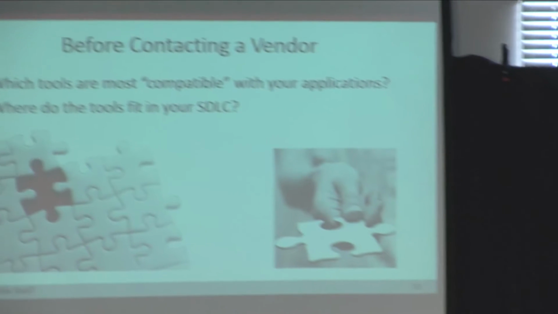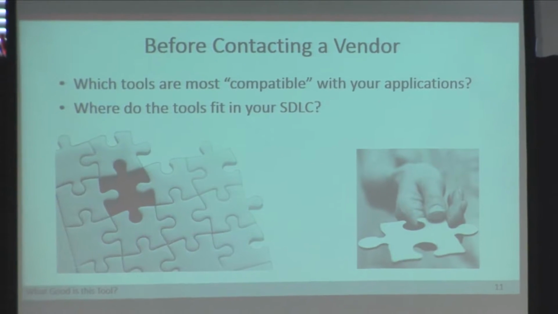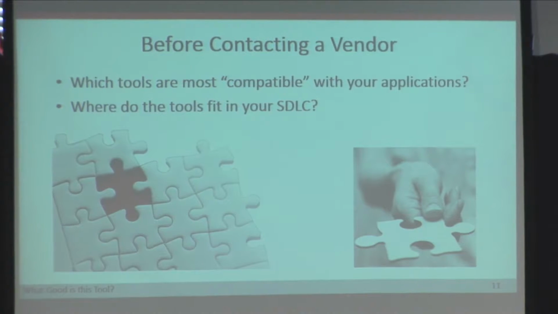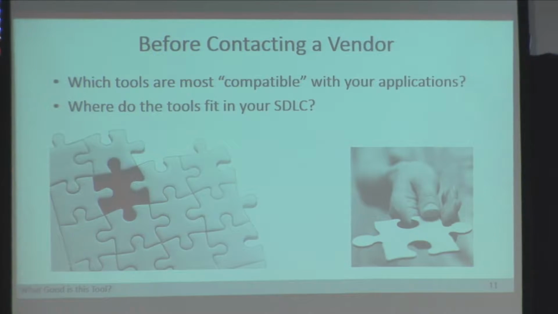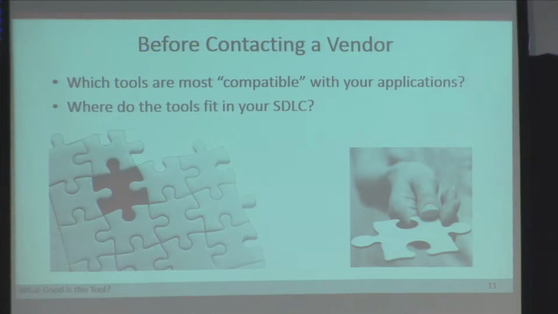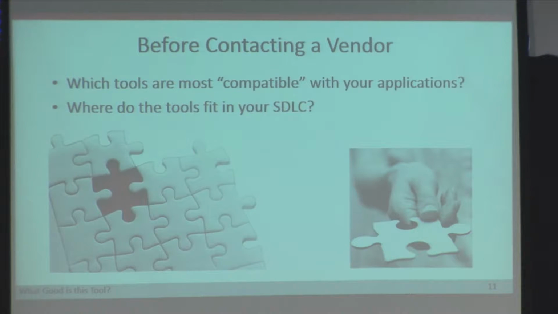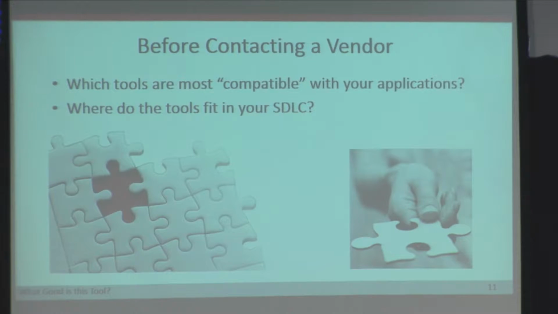But before contacting a vendor, consider which tools are most compatible with your applications. The reason I put this here is because a lot of the organizations we go to already have a tool in mind, and the tool is really based on the vendor. The person making the decisions looks at their existing tool set and says, hey, we already have all of these applications from this big vendor, and they'll give us a deal if we get their tool.